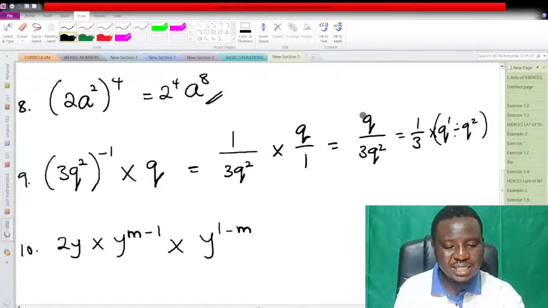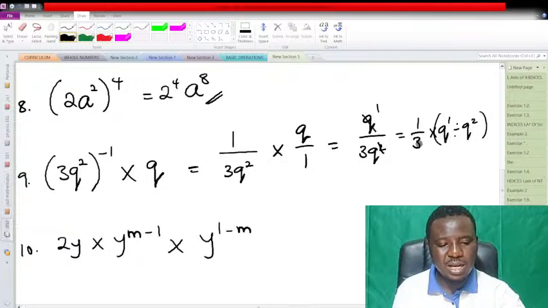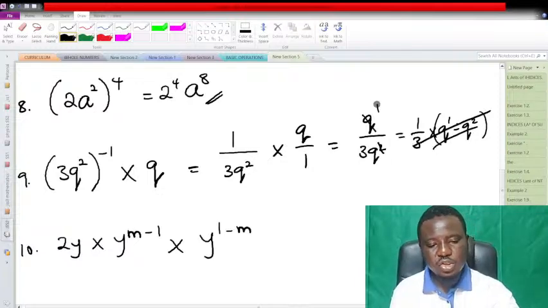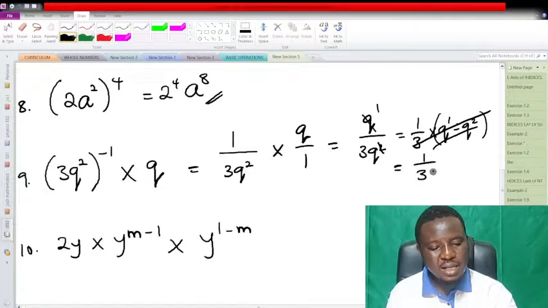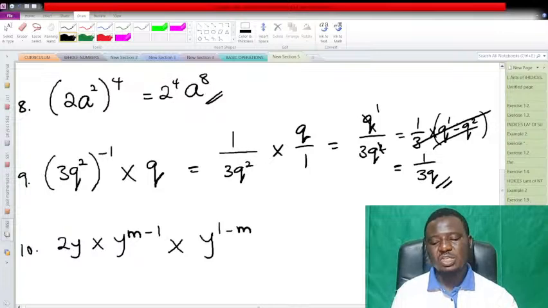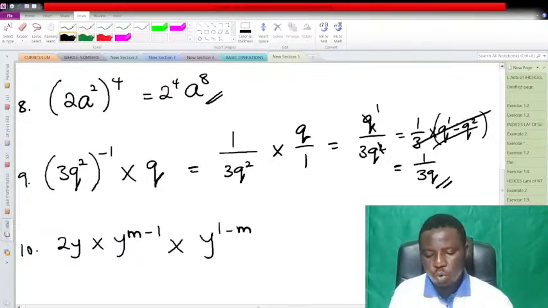Otherwise, I would have said this q will cancel one of this q, right? Okay, let me not even go this way. This q will cancel one of this q, so that at the end, our answer is said to be 1 over 3q. This is your answer. Question 10.